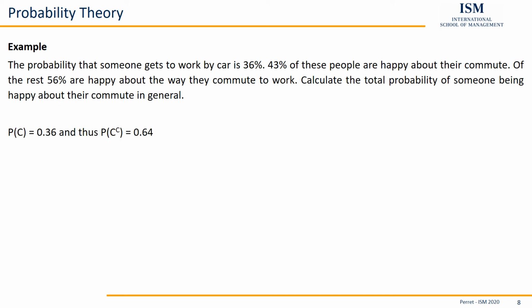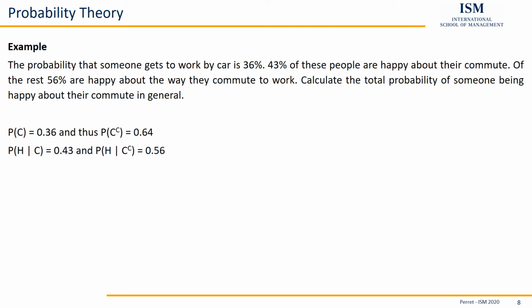So we have here the probability of commuting by car, that's 0.36. Thereby, the probability of not commuting by car is 0.64. We also know that of all the people who go by car, 43% are happy.